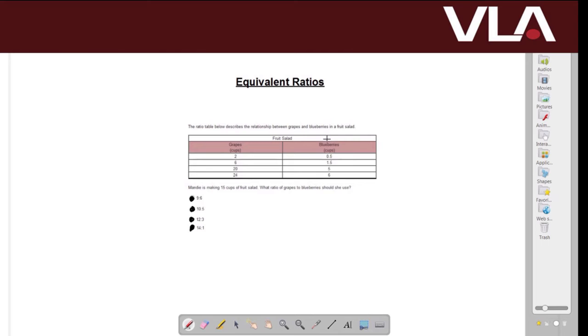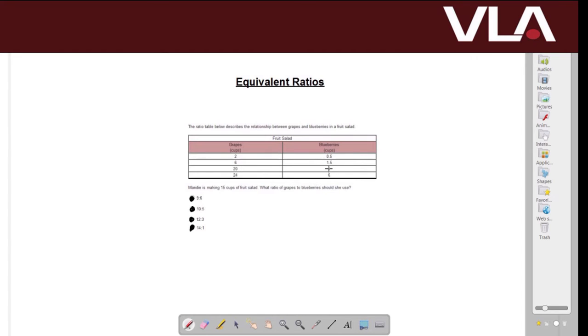Since they have the same relationship, their ratios will be the same. I can pick any one of these combinations and I should get the same answer. So if I take 2 over 0.5, I should get the same result as 6 over 1.5, 20 over 5, and 24 over 6. To find that ratio, I can pick any row. I'm going to pick the easiest one, since these have a couple of decimals.